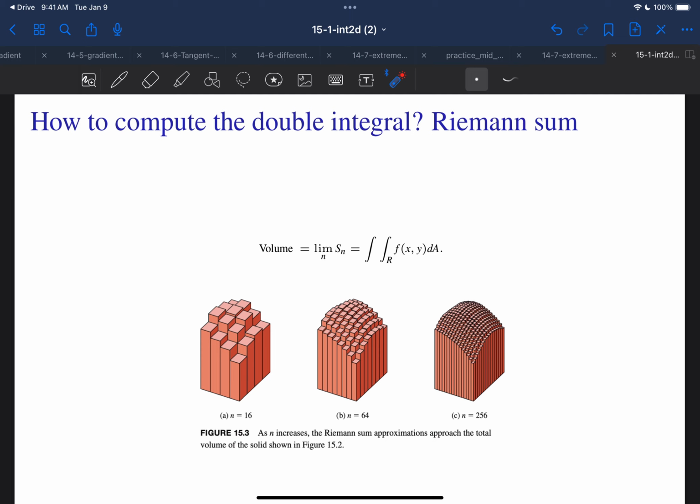And now if we use even more blocks, 256, then it could be almost precise. But the theory says when n goes to infinity, that's exactly what you're looking for. This is the exact value of the volume. So that's why we put a limit here, and this idea is called a Riemann sum.